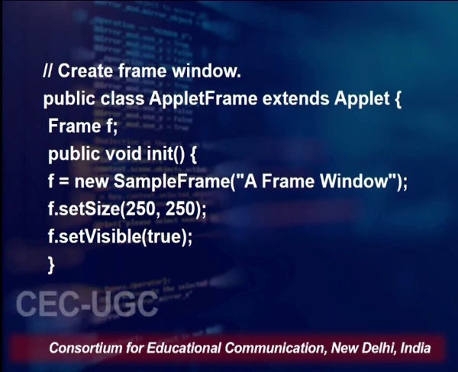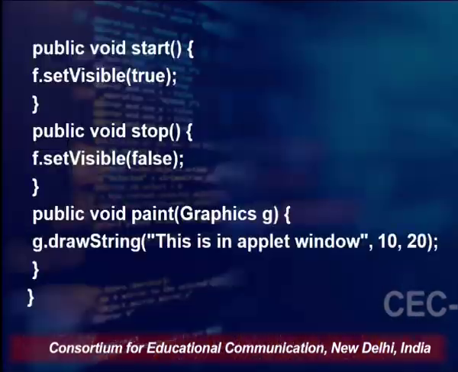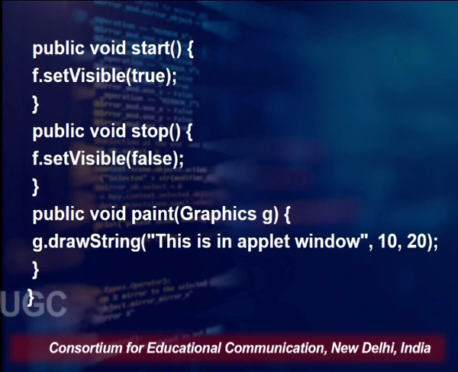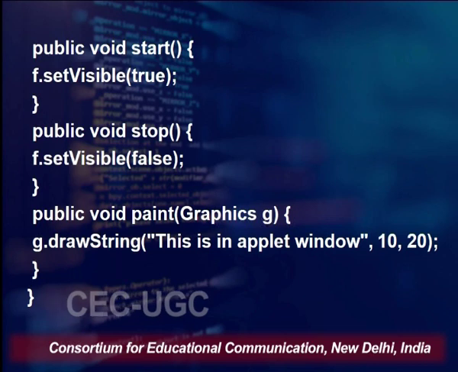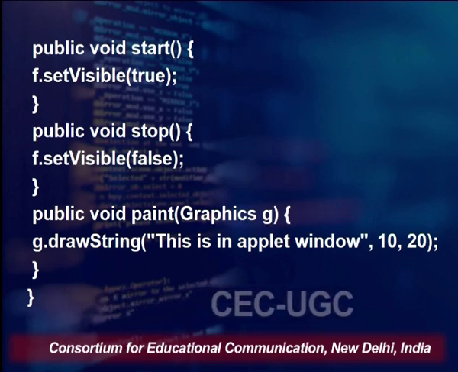In this way we create our AppletFrame class, which extends the Applet class, and we have seen the initialization method. In the initialization method we have created a frame, set the size, and set it visible as true. Then within the start method, which comes after init in the applet, we have public void start, which says f.setVisible(true).